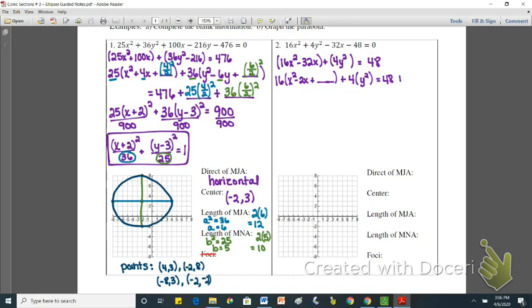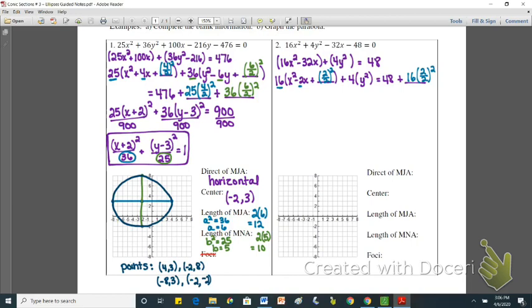Now I only need to add 1 blank to keep it balanced because I only added 1 blank on the other side. So for this blank, I'm going to look at this value. So that's 2 over 2 squared. Now I need 16 copies of that. So over here is going to be 16 times 2 over 2 squared.